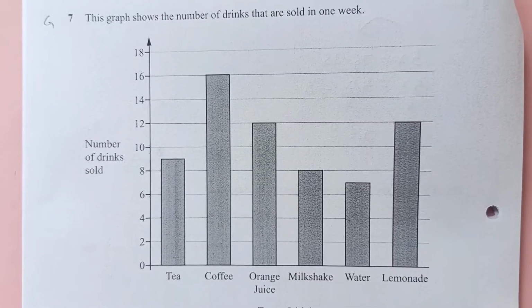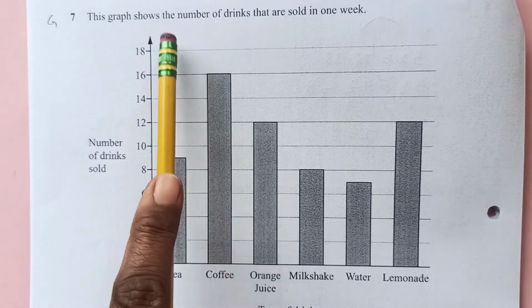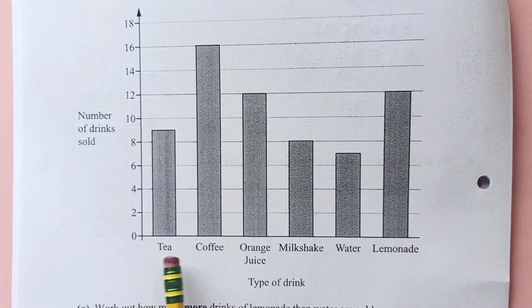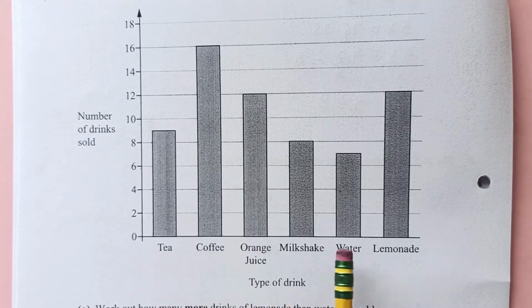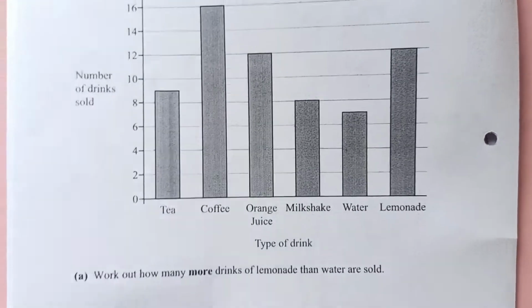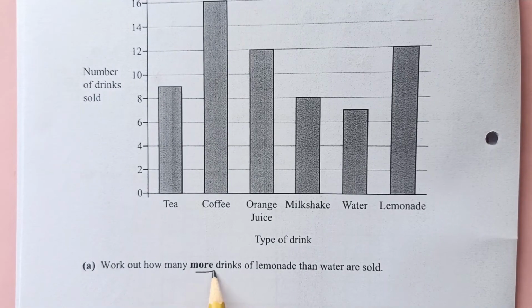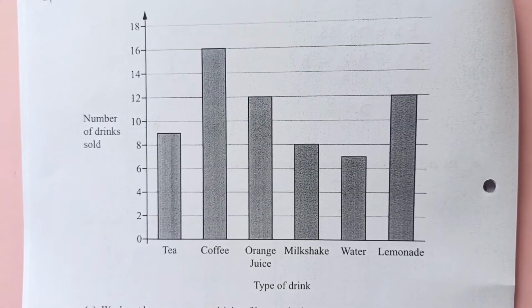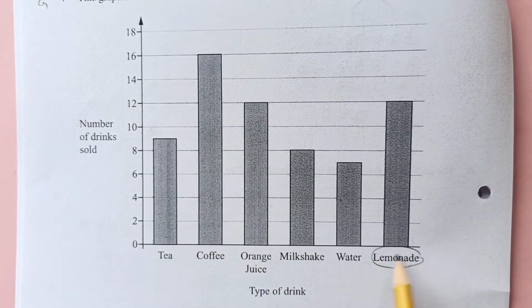Here we have another graph. This graph shows the number of drinks that are sold in 1 week. You see, tea, coffee, orange juice, milkshake, water and lemonade, right? The number of drinks is on the y-axis. Work out how many more drinks of lemonade than water are sold. So we are comparing lemonade and water.